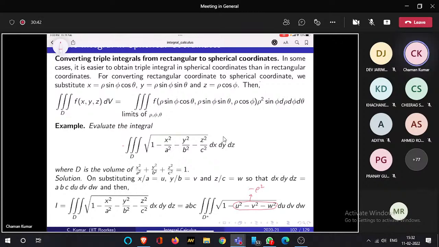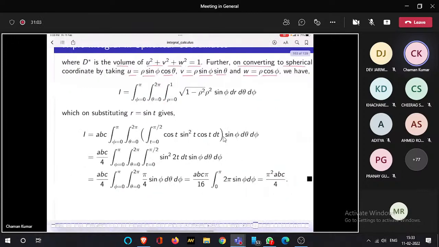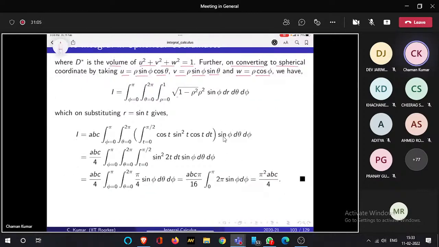So you get 1 minus rho square, and this is the volume in the rectangular coordinates. So we have to replace this by the volume in the spherical coordinates, which is this one. So this will come here in this calculation, and you get 1 minus rho square times the volume element in spherical coordinates.